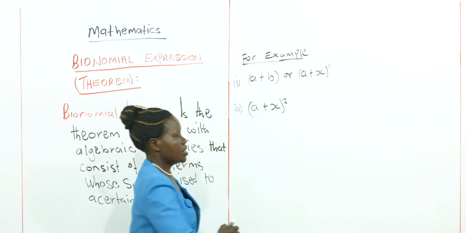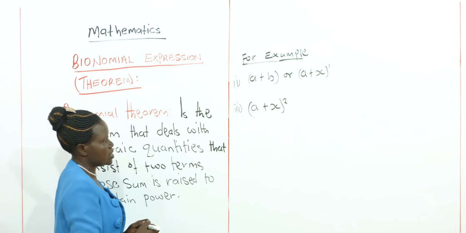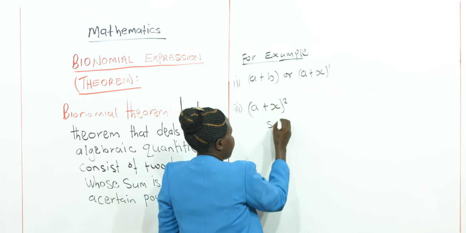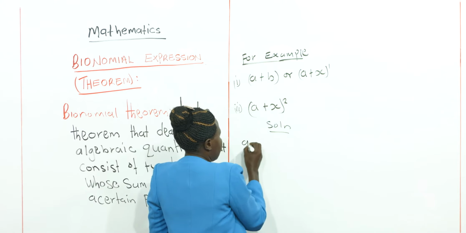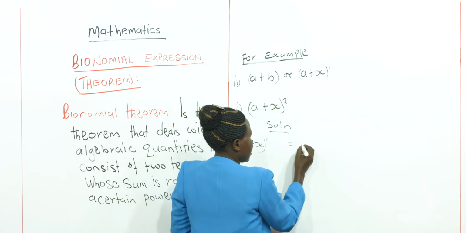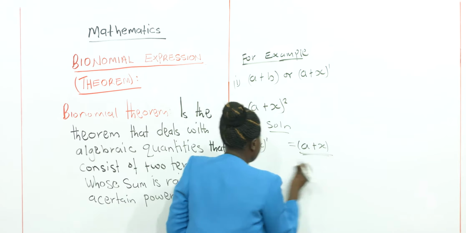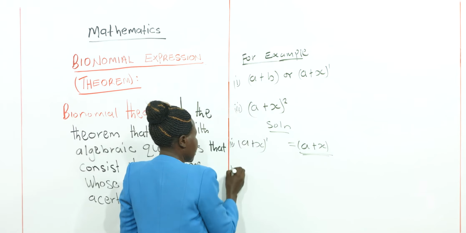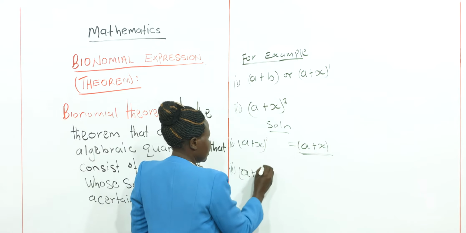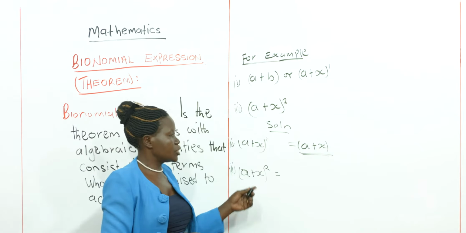So if we are to work out, simplify or expand this, then when we expand a plus x raised to 1, it will give us a plus x as our answer. But when we look at Roman 2, which is a plus x raised to 2, it means you are going to multiply this 2 times.